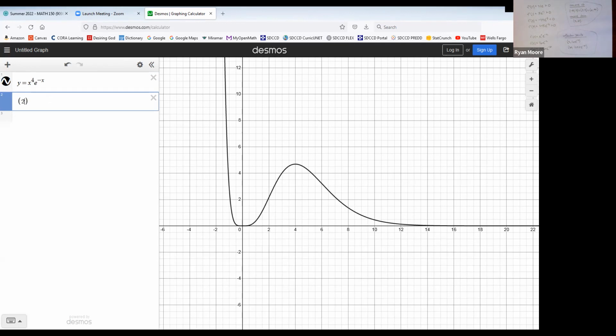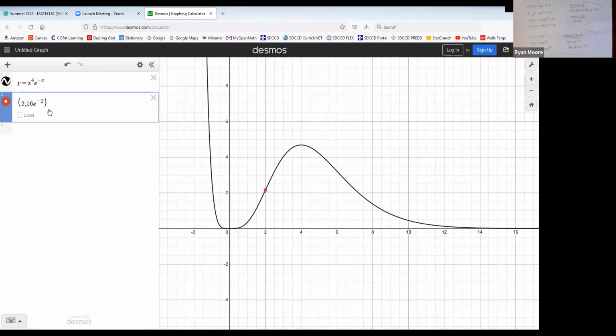So we had an inflection point at 2 comma 16 e to the negative 2. Notice we don't have to round anything. Don't round that y value if you don't need to, or if the instructions don't say. We'll just leave it with the e. We can put it in Desmos just like that, and there it is. And the other one was at 6 comma 1296 e to the negative 6. Yeah, right there. All right.